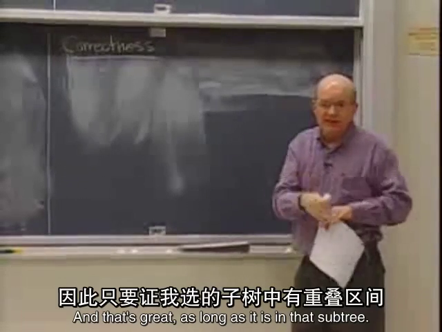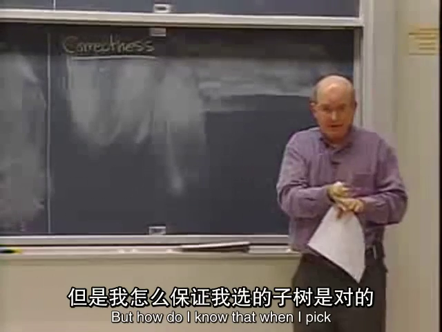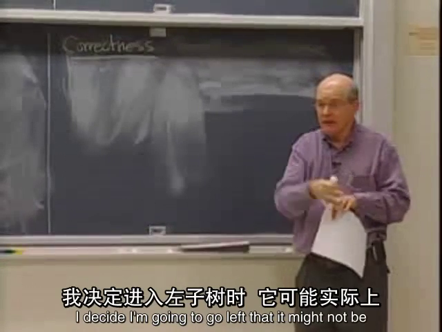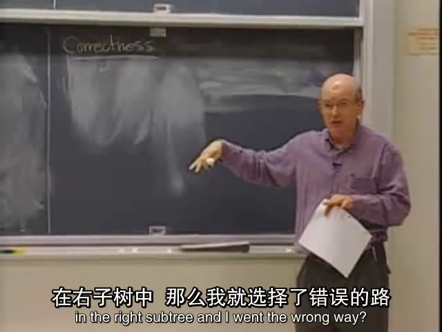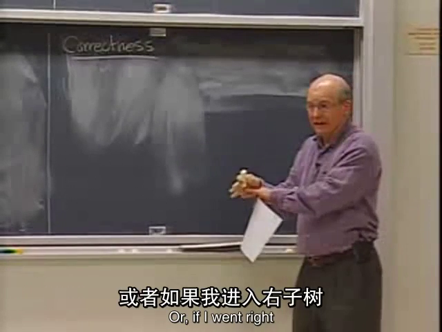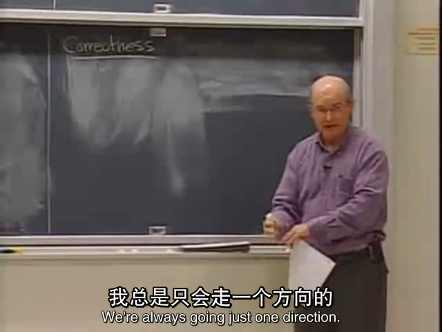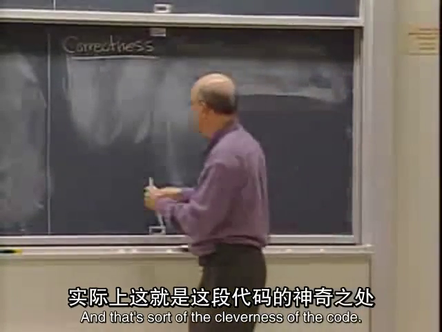And that's great as long as it's in that subtree. But how do I know that when I decide I'm going to go left, it might not be in the right subtree and I went the wrong way? Or if I went right, that I accidentally left one out on the left side. We're always going just one direction. And that's sort of the cleverness of the code.